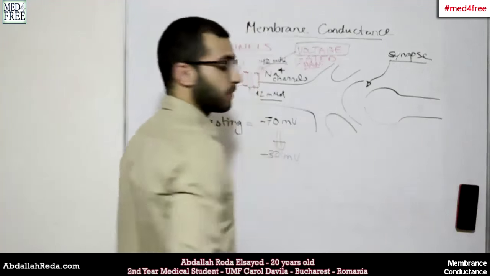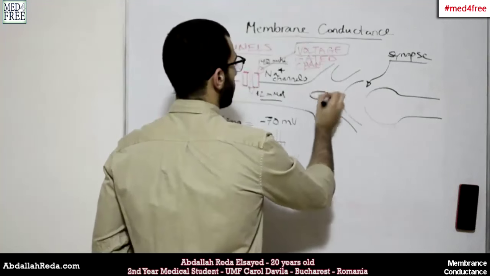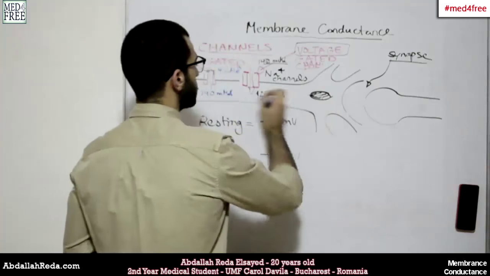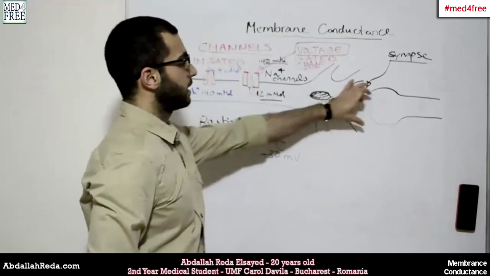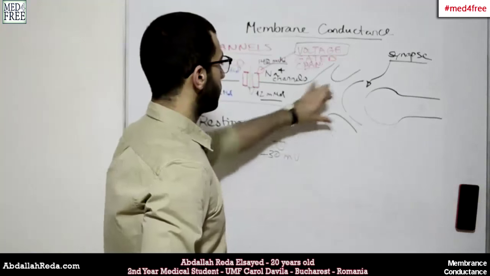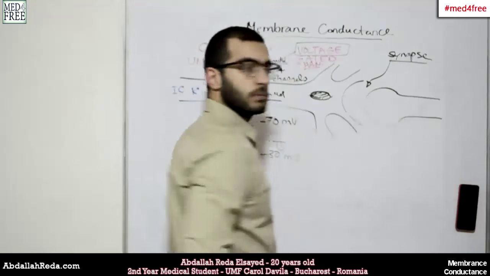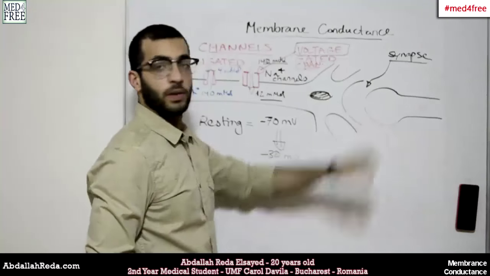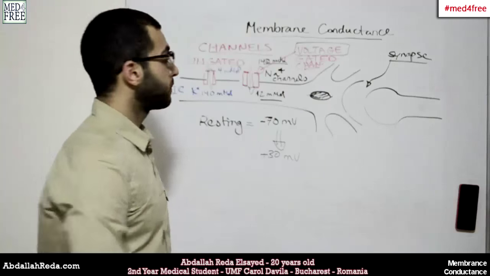The last type of channels, let's assume when the stimulus reaches the end of the neuron and it wants to cross and pass to the next neuron in order to stimulate it.